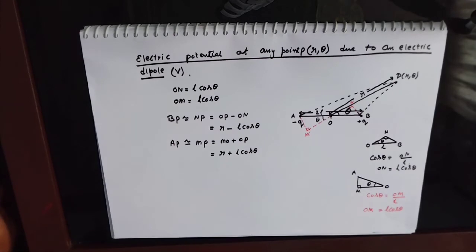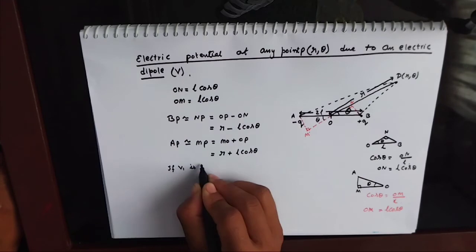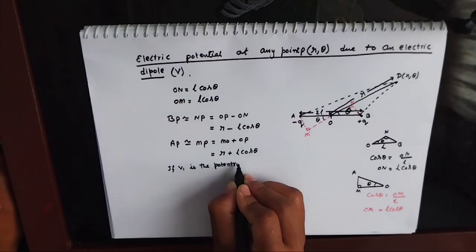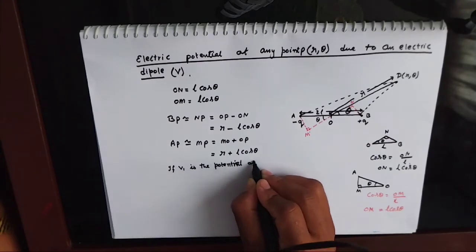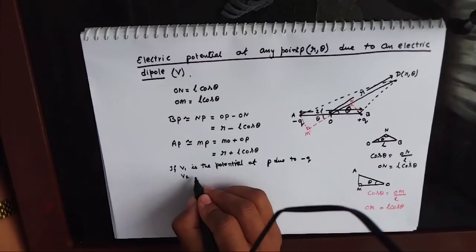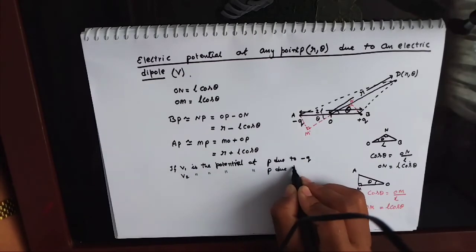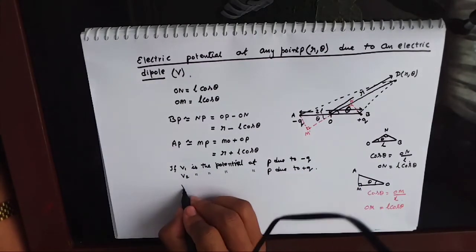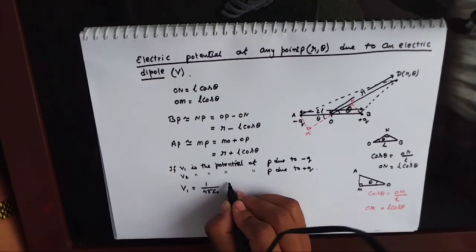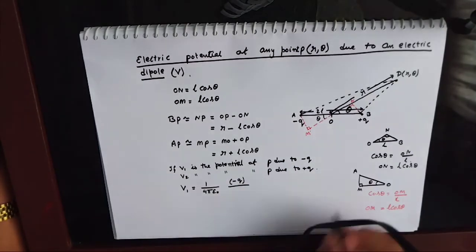So if V1 is the potential at P due to minus Q, and V2 is the potential at P due to plus Q. What is V1? V1 is 1 by 4 pi epsilon naught, then the charge is minus Q. Then what's the distance?